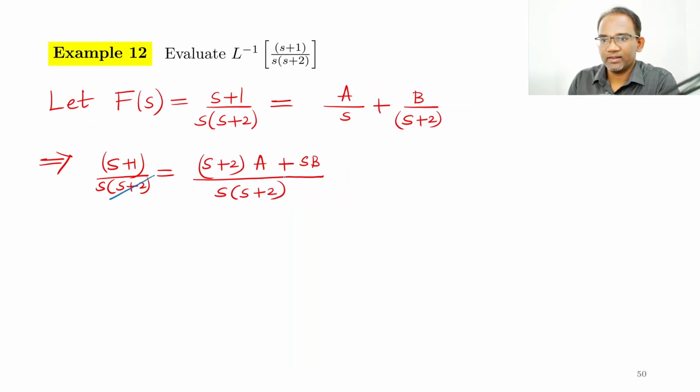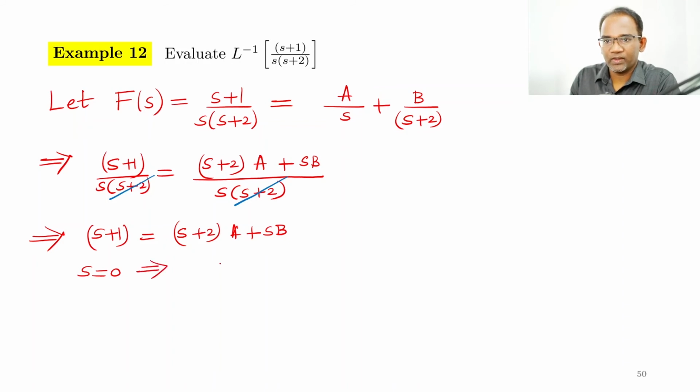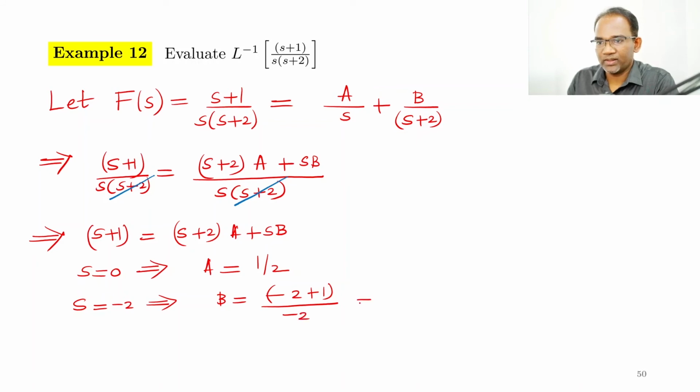We can cancel the denominators, and now the equation becomes s plus 1 equals (s plus 2)A plus sB. When s equals 0, we have A equal to plus half, and when s equals minus 2, we have B equal to (minus 2 plus 1) over minus 2, and that is equal to 1 over 2.